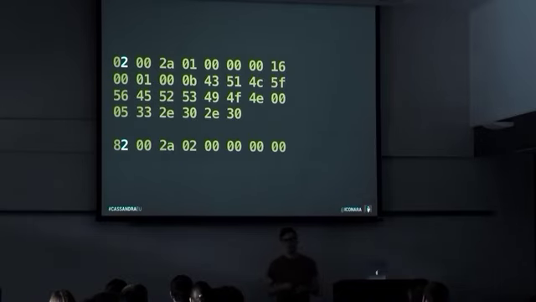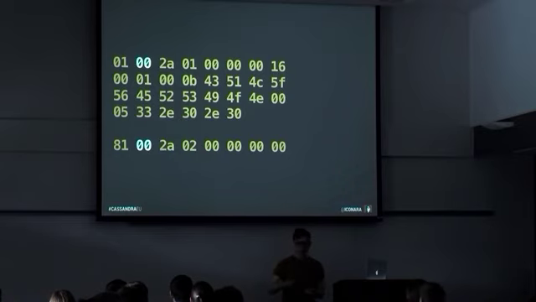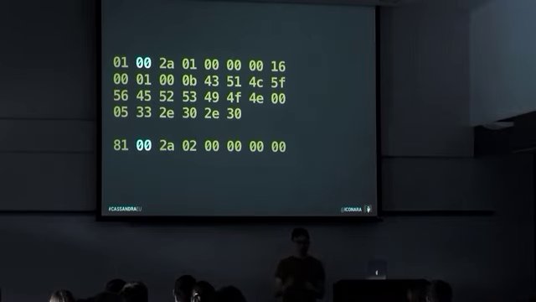But I haven't really had the time to implement version 2 of the protocol, so this is mostly going to be version 1. They're not very, very different. So the second byte of a message is a flags field. It can contain a few flags.